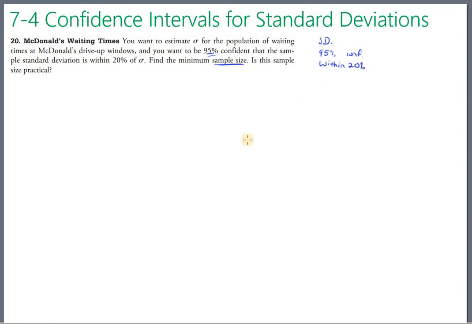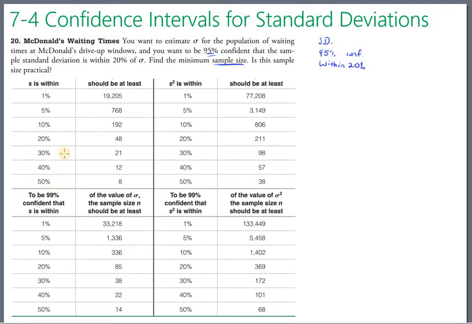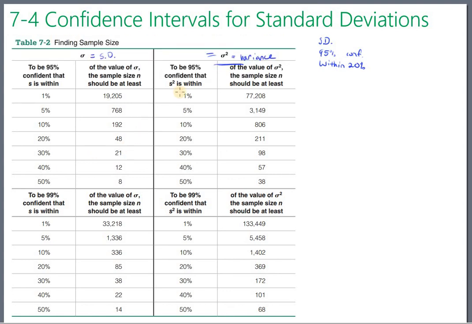Okay, let's go back and see if we can find that chart, the sample size table. So we want standard deviation. So we're on the left side of the chart over here for standard deviation. The right-hand side of the chart is variance. So standard deviation, 95% confidence. So we're in this top left quadrant of the chart.